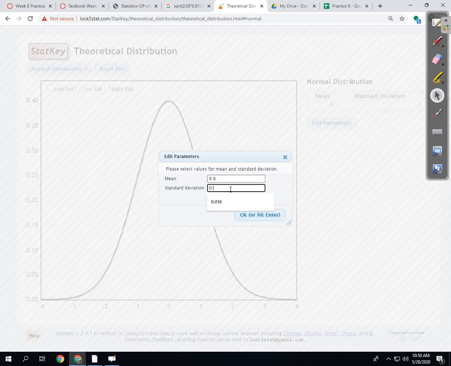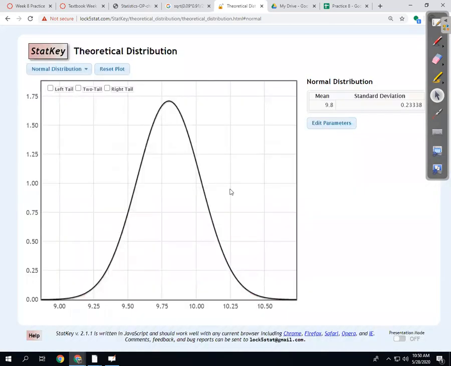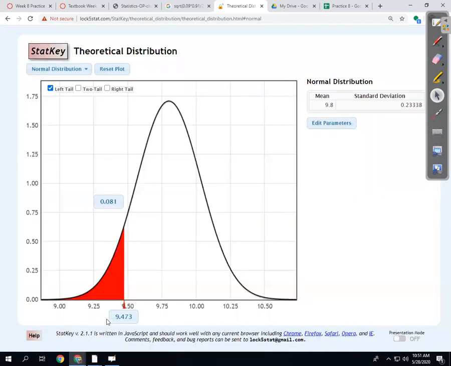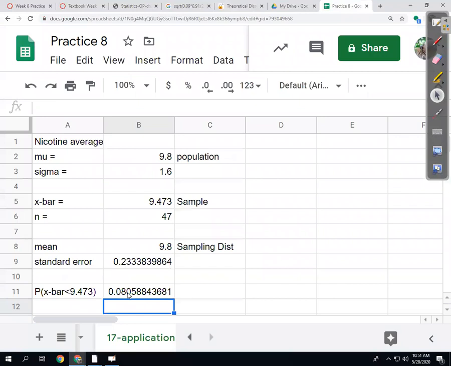So 0.23338 is the one I'm going to go with. And then I have to do a left tail. And down here goes the 9.473. And I get 3 decimal places, 0.81%. Sorry, 8.1%. 0.81 as a decimal, which, yeah, if we rounded that to the 3rd decimal place, there's the 0.81. So the spreadsheet gives you more decimals if you happen to need them.